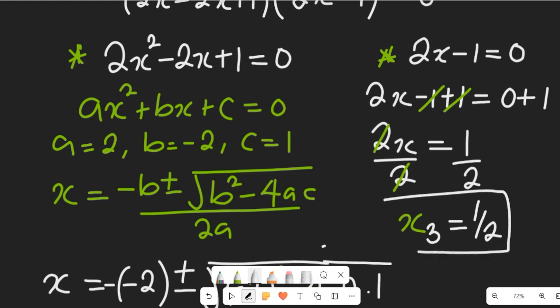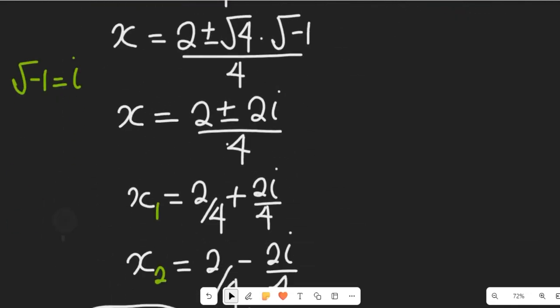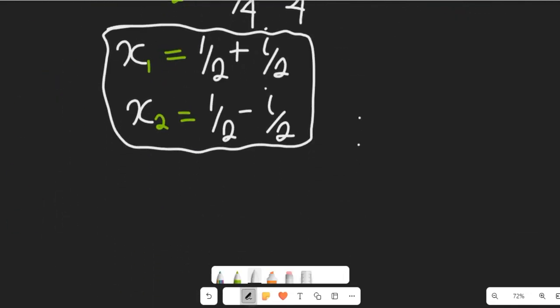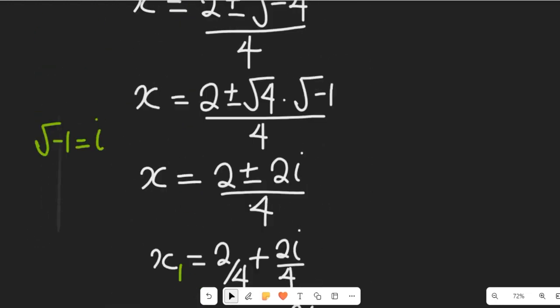And that will be the only real solution to that expression. So over here, we will now have our x3. The next solution, our x3, will now be equal to 1 divided by 2. Now let's check to see if our solution to this expression is absolutely right.